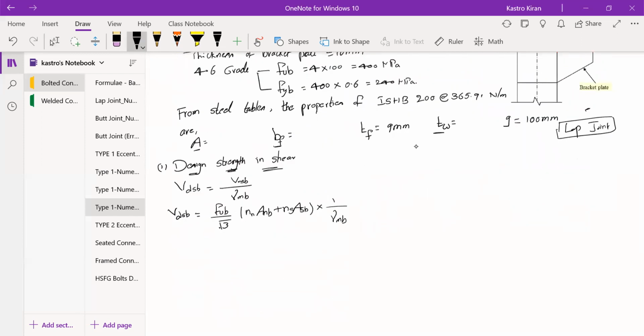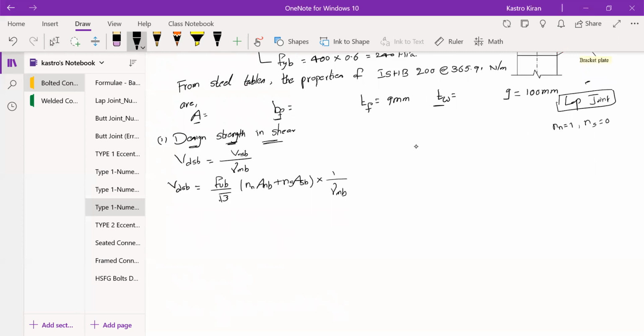For a lap joint, the value of NN is taken as 1 and the value of NS is taken as 0. Remember, for a lap joint, NN is 1 and NS is 0.